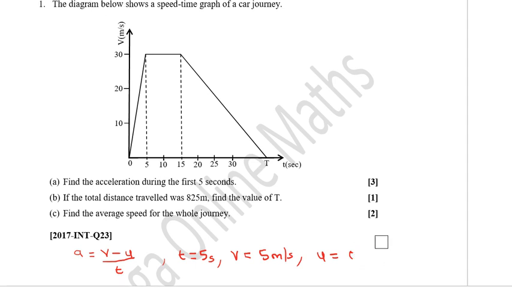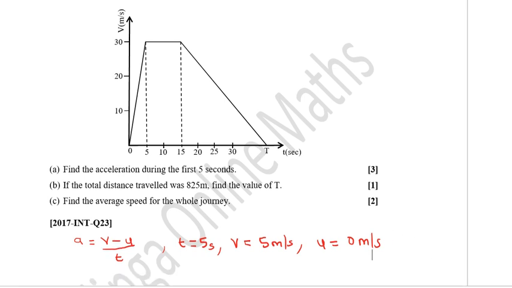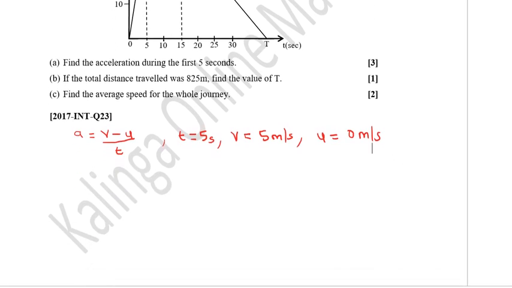That will be our initial velocity. After getting everything, we are now going to use our formula. We substitute so that we can find the acceleration. It's very easy. This is the first part of the question.